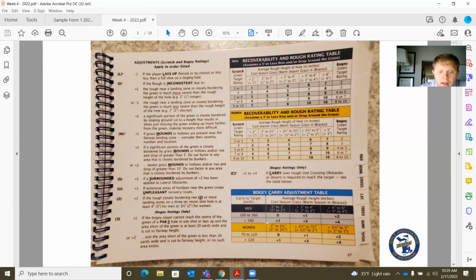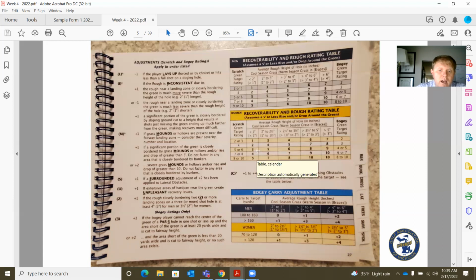You can see that depending on the height of your rough, it's going to determine what adjustments you have. Again, typically for men, we're in this first column, and then for ladies, we're either in the first or second column. And if we're in the first column, the distance needs to be pretty far, but it'll be something you want to keep in mind.